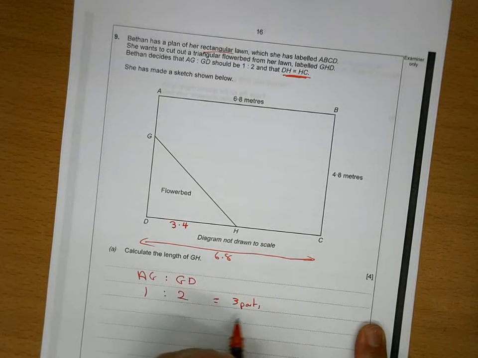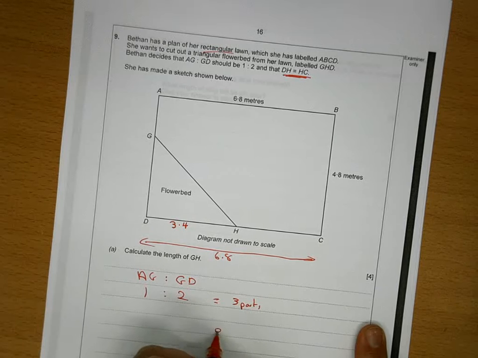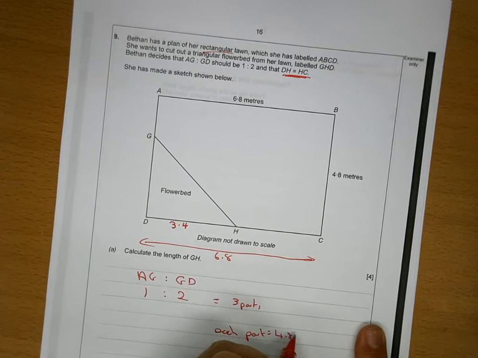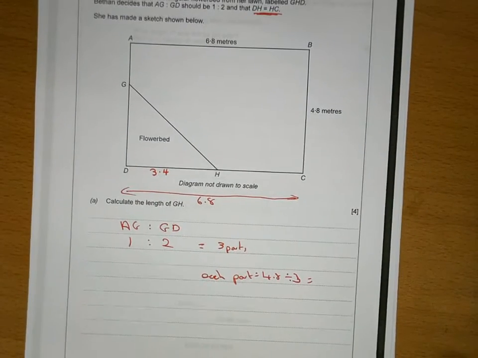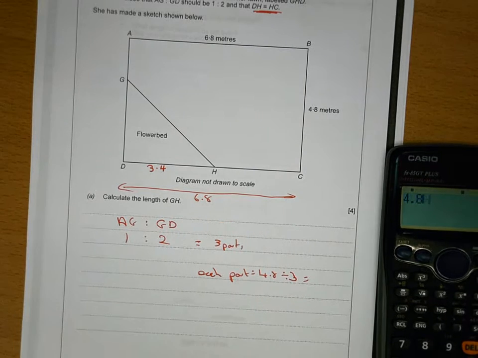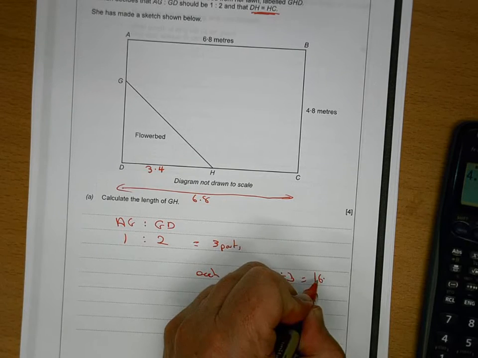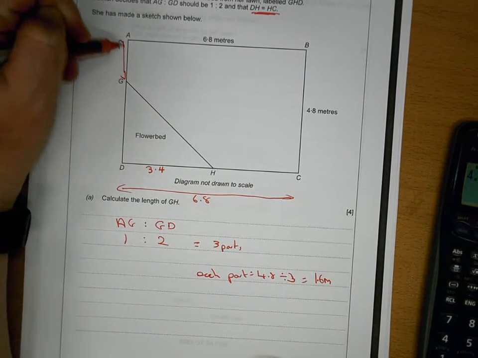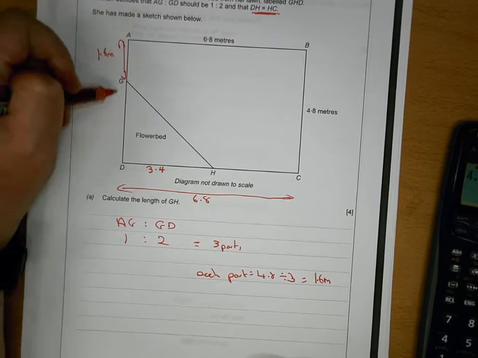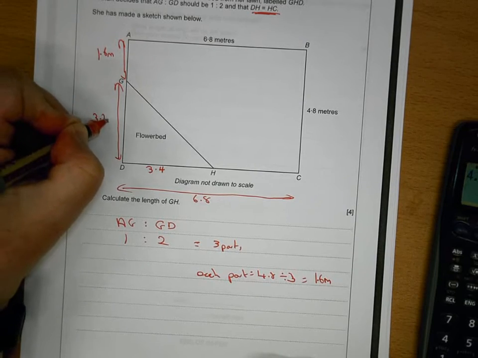So each part is going to be 4.8 divided by 3. So 4.8 divided by 3 is 1.6. So this bit is 1.6, and this bit is 2 parts, which is going to be 3.2 meters.